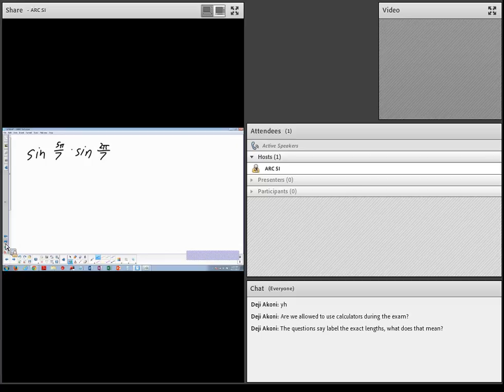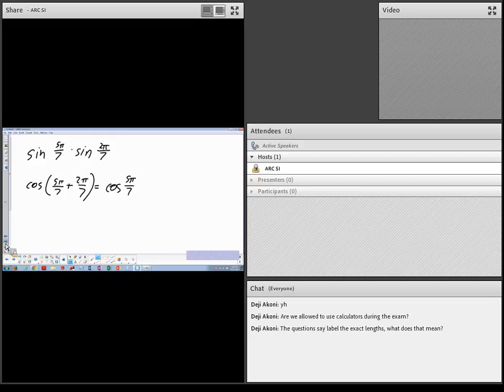So, the only way I know how to do this is probably a way that you won't like. Which is, I know that cosine of 5 pi over 7 plus 2 pi over 7, that's 7 pi over 7, which is just pi.